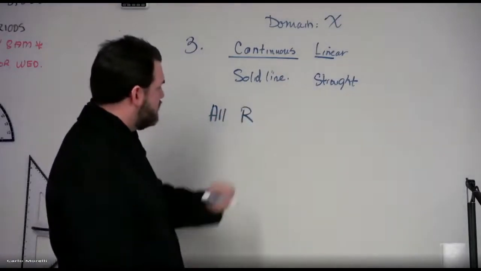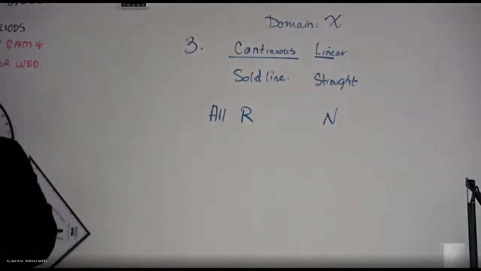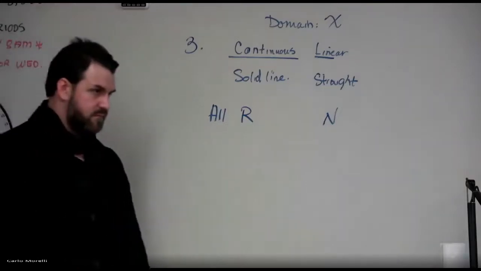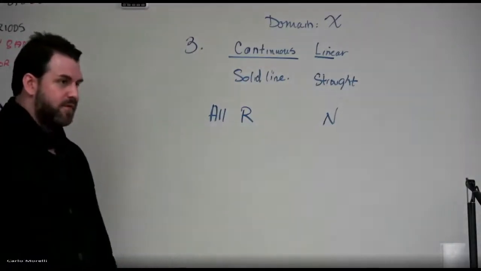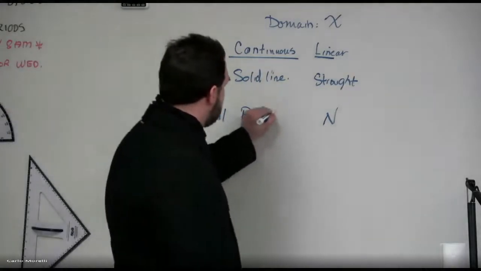Starts with an R, then the next word starts with an N. What's the opposite of fake? Real. Numbers. All real numbers.